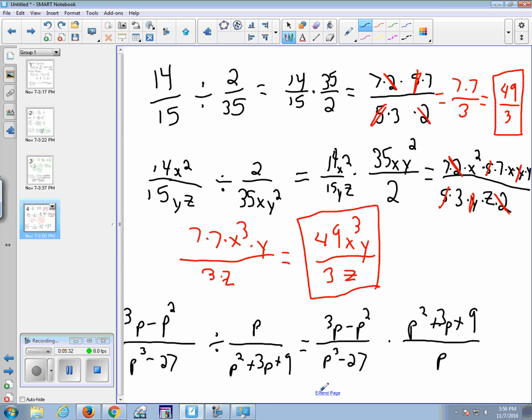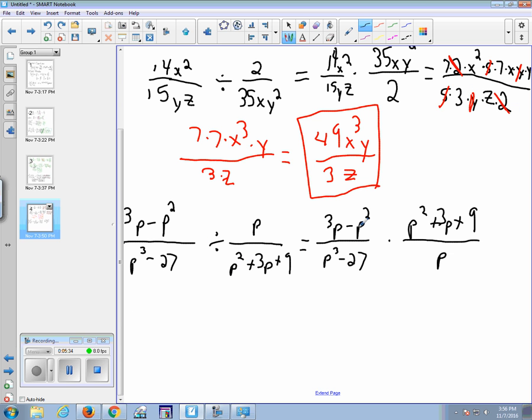Now I can start factoring. So 3p and p squared factor out of p. And I just have a linear binomial here. I'm done. Here, p squared plus 3p plus 9. P squared, that's going to be p and p. 9, see, it's either 1 and 9 or 3 and 3.